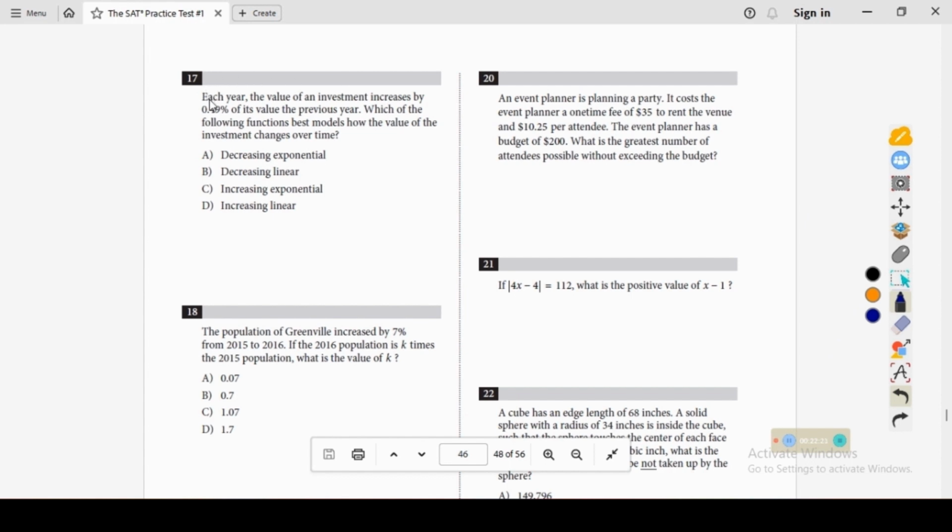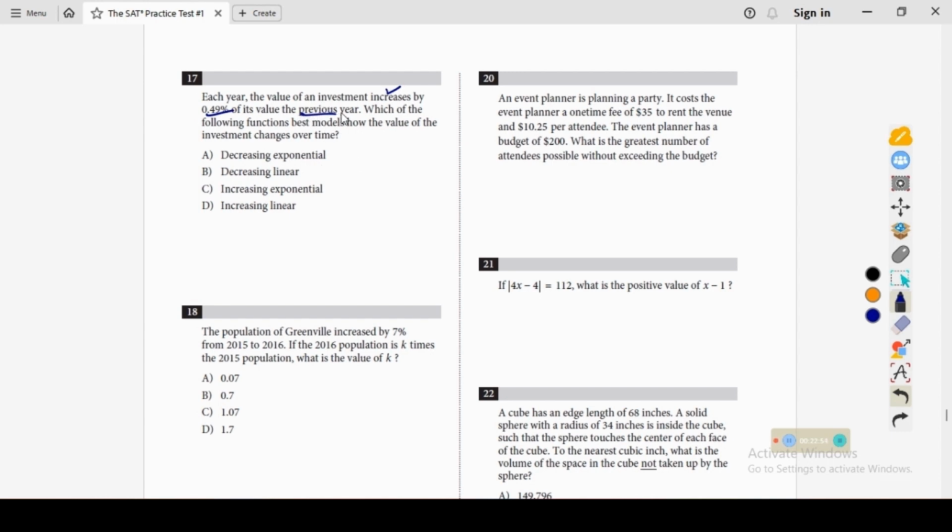In question number 17, each year the value of an investment increases by 0.49% of its value the previous year. Which of the following functions best models how the value of the investment changes over time? Since each year the value increases by 0.49% of the value of the previous year, the function will be an increasing function.